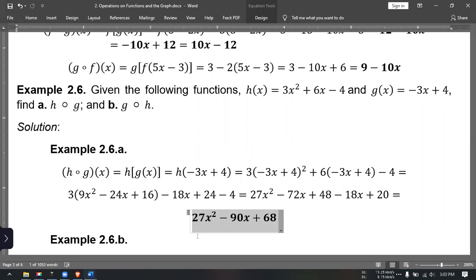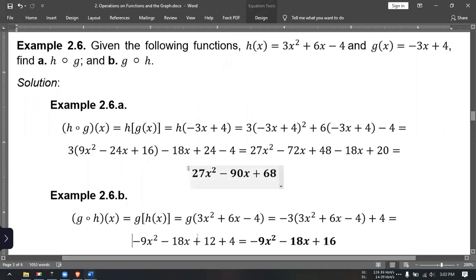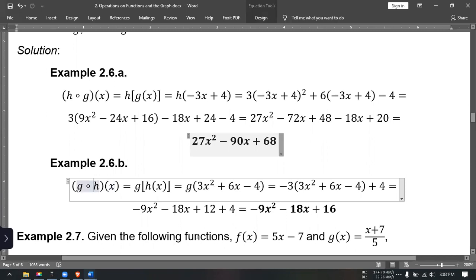Question. And then we have the other one, the reverse. Okay. Next, G circle H. So the function H will replace every x variable in G. Our G is negative 3x plus 4, no?